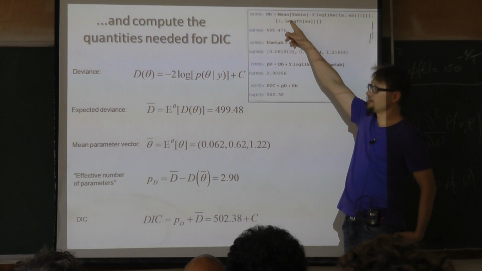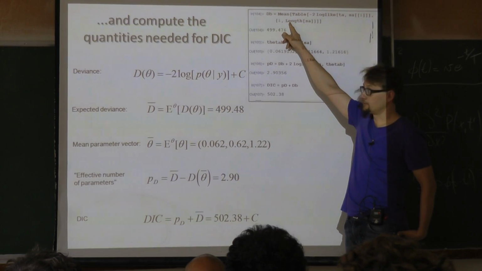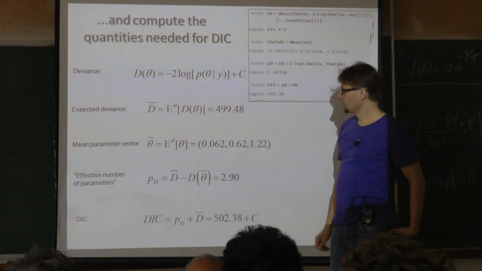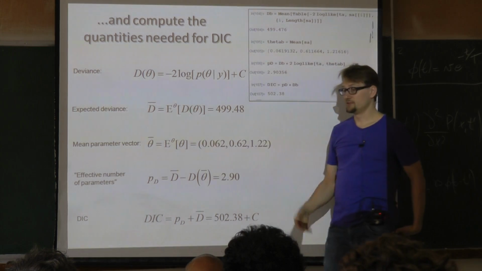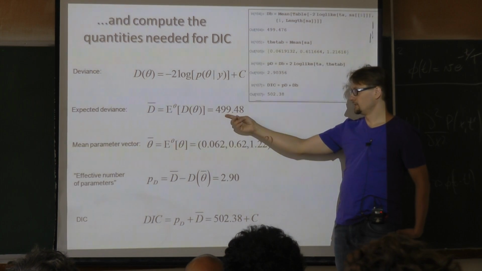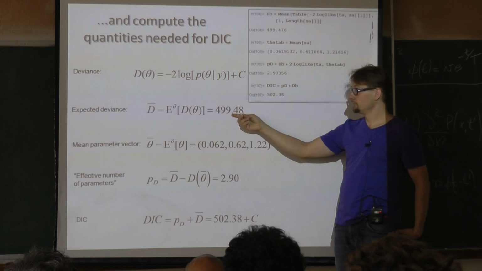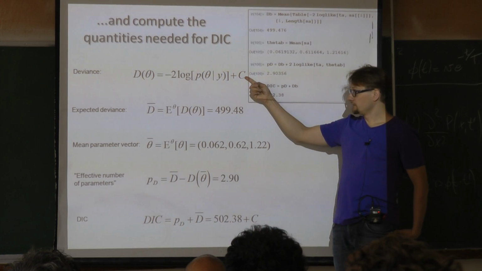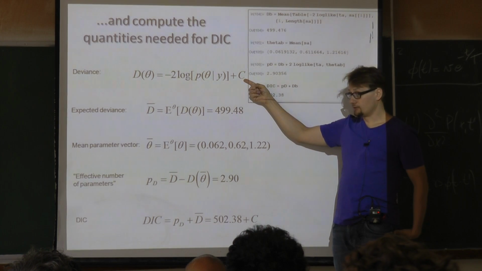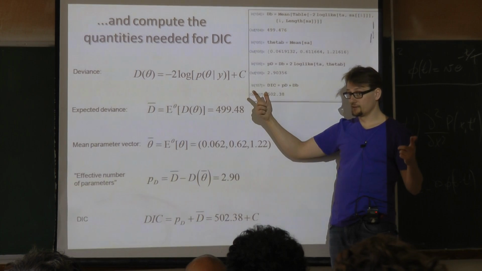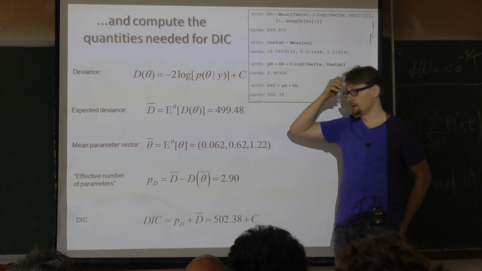And then I just take the mean of that vector. That gives the expected deviance, which is just a number, 499 in this case. Here I put this value C to 0 because, as said, when we compare models, only the relative values matter, so we can put that to 0.